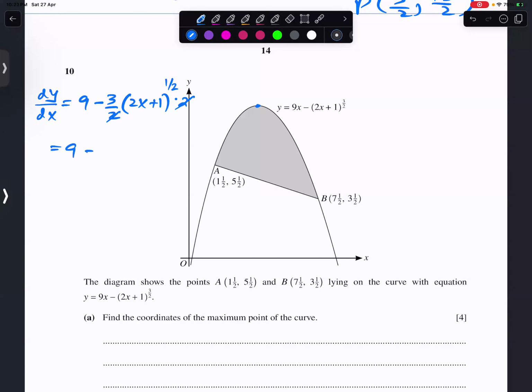So 9 minus 3 (2x plus 1) power 1/2 equated to 0. So 9 is equal to 3 (2x plus 1) power 1/2. Take the square on both sides. So 81 is equal to 2x plus 1.